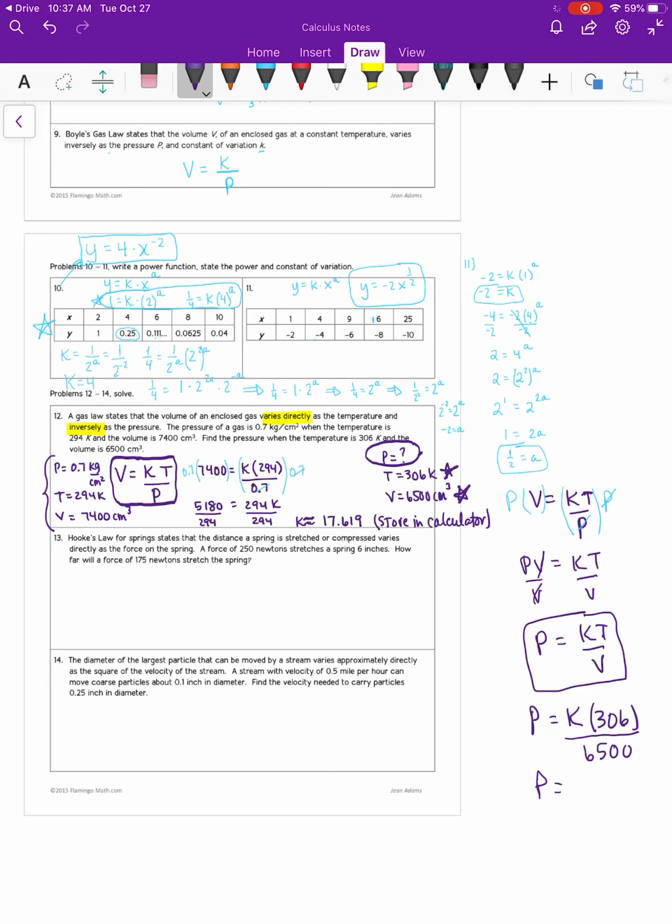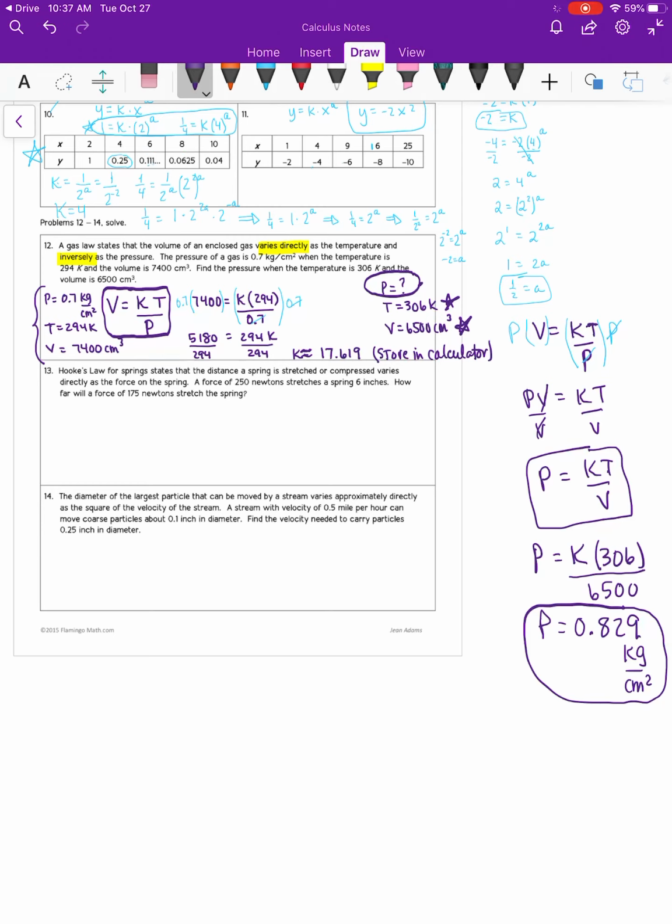I think it would have been fine if you put divide by 6,500 without hitting enter. I think you would have gotten the same answer. But I get a pressure of 0.829, and this would be kilograms per square centimeter. And so that is your answer for number 12.